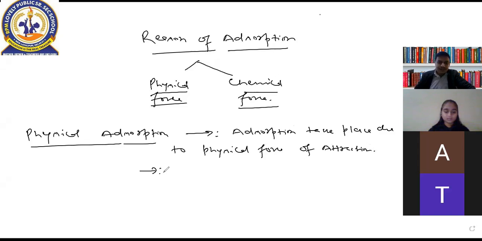Now, what are the different properties of physical adsorption? This is weak, because physical force is always weaker than chemical force of attraction. This is a weak force of attraction. And since this is weak, that's why this is reversible.